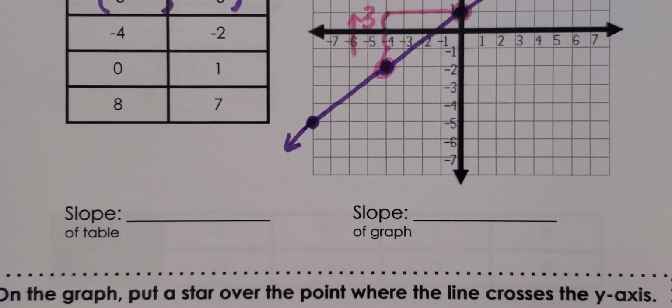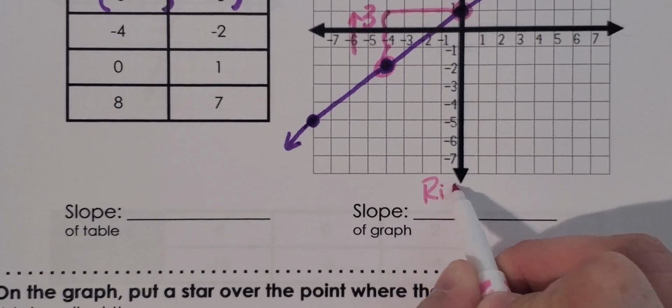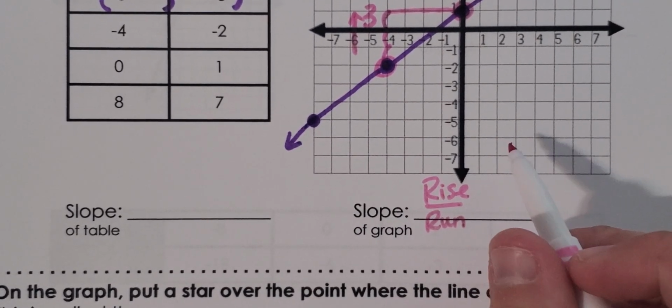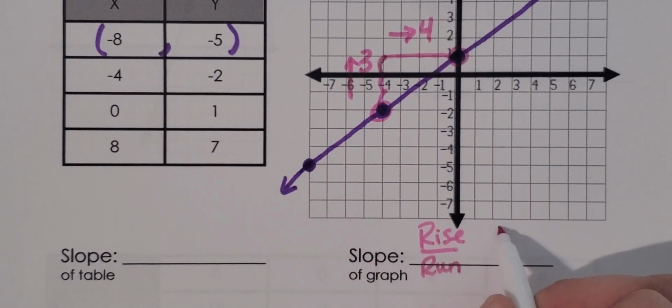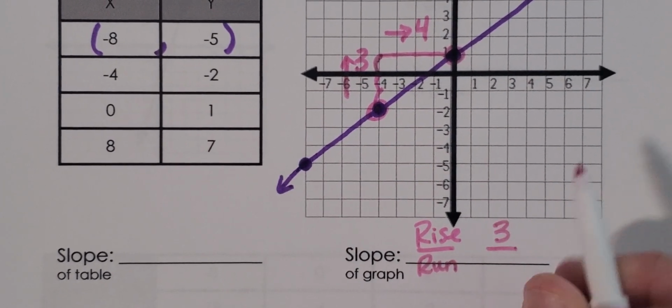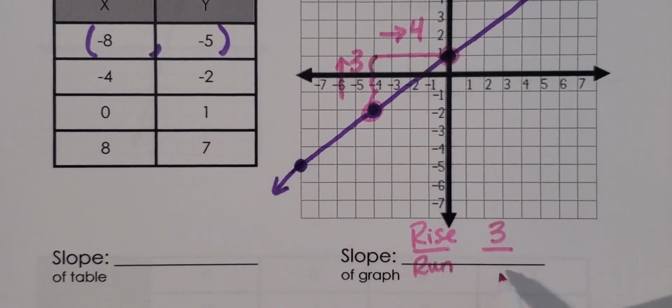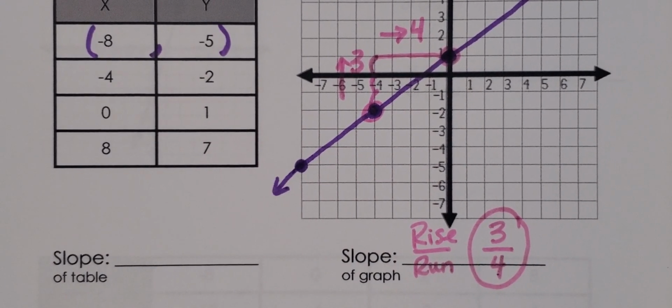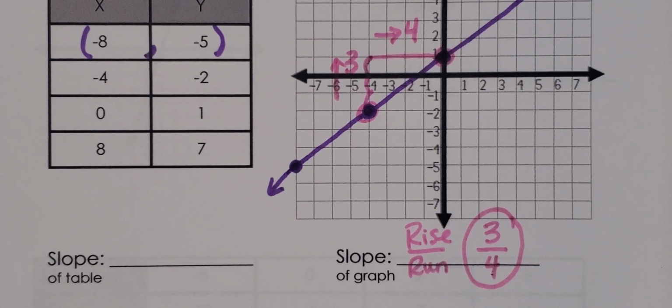So for my slope of my graph, I'm going to have rise over run. I went up 3 numbers, so my rise is a positive 3. My run is a positive 4 since I went to the right. So 3/4 is as simplified as it gets. So that is my final answer.